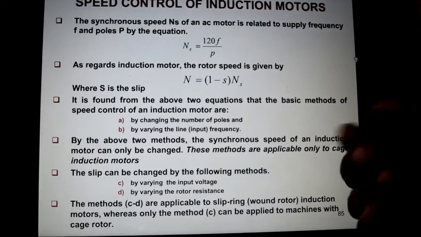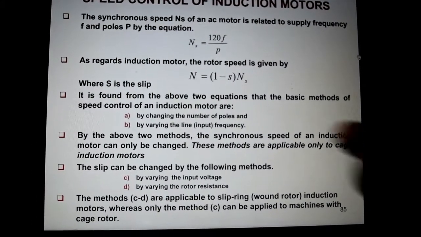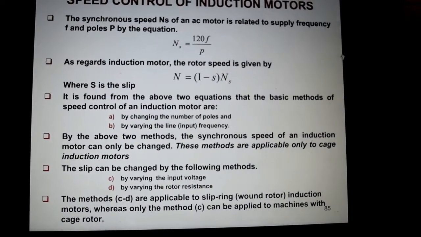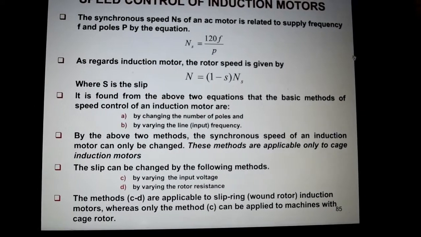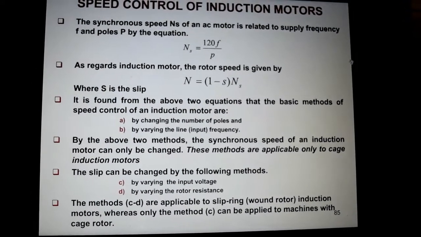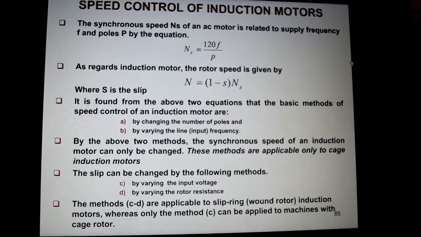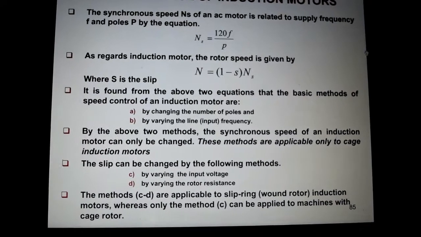But the advantage of phase wound over the squirrel cage one is that we can change the speed torque characteristics by connecting resistance to the rotor. In a squirrel cage, because the rotor is short circuited at both sides, there is no way to add additional resistance to the rotor.